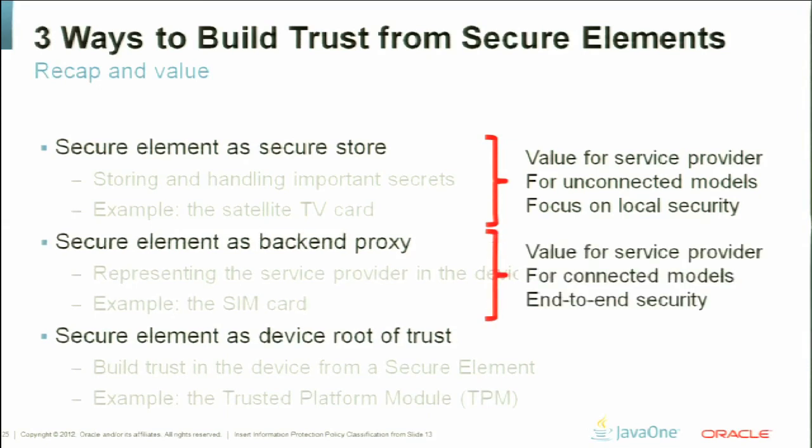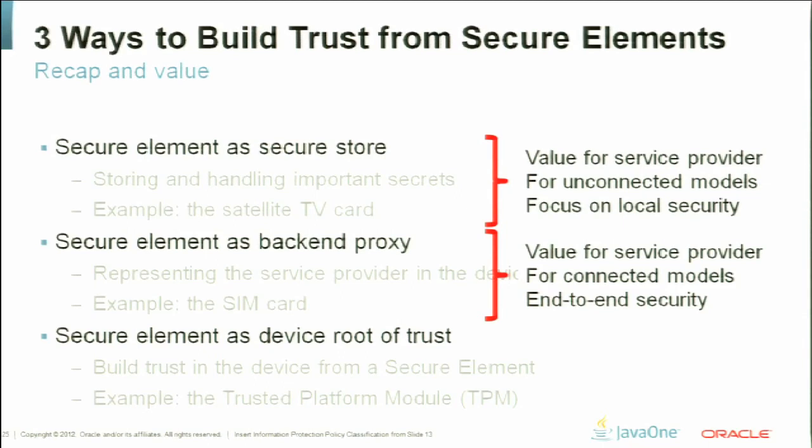In terms of using the secure element as a backend proxy, once again, the value is mostly for a service provider, and this is particularly well suited to models in which we are connected in most cases, because there's going to be some end-to-end communication, and this end-to-end communication is basically independent of the device itself.